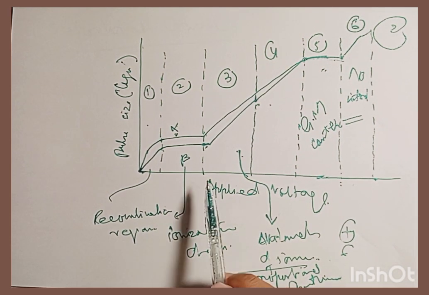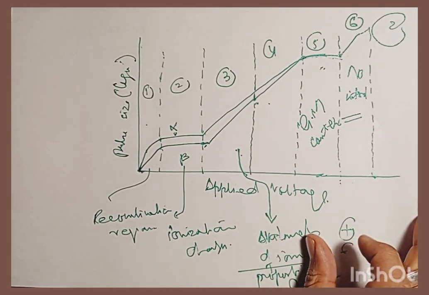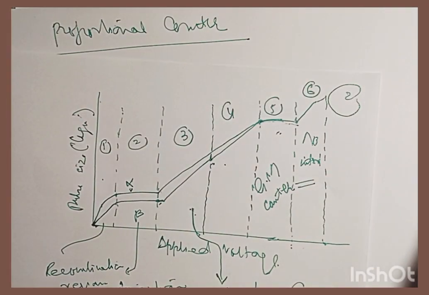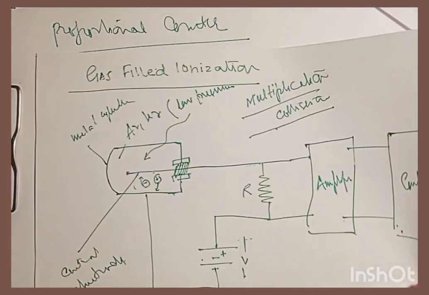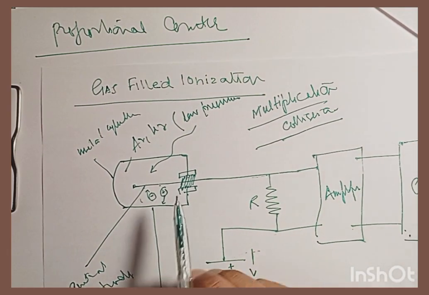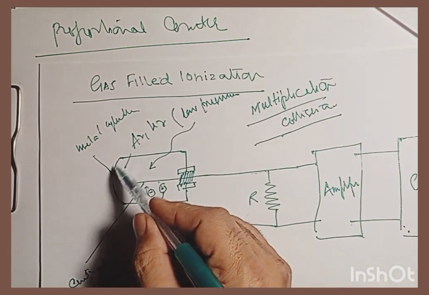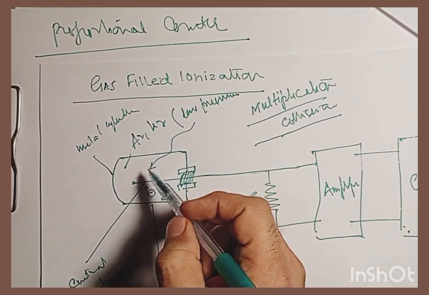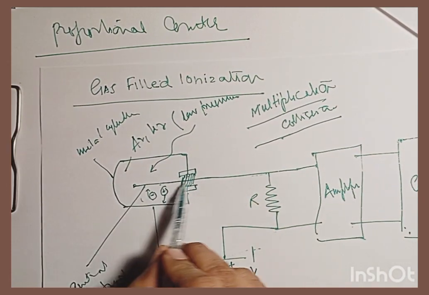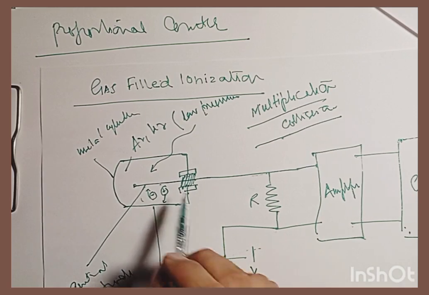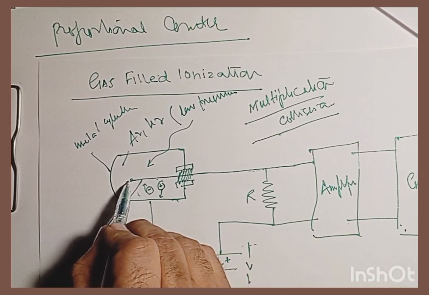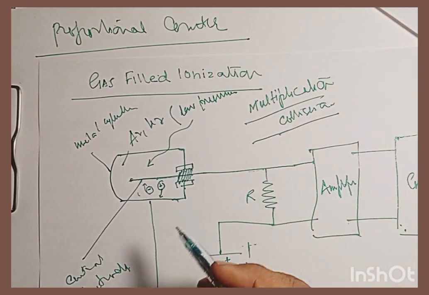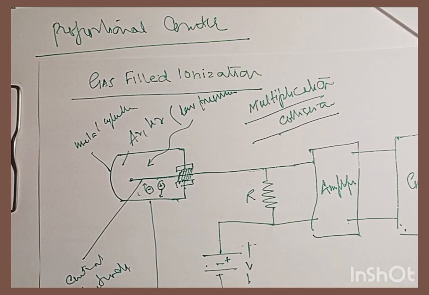So the proportional counter has a resemblance to this. It contains a cylindrical gas-filled tube with a very thin central wire, and this central wire is insulated from the tube. The central wire is always made positive with respect to the metallic cylinder, which is made negative.